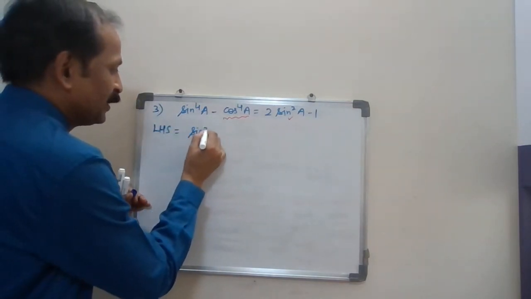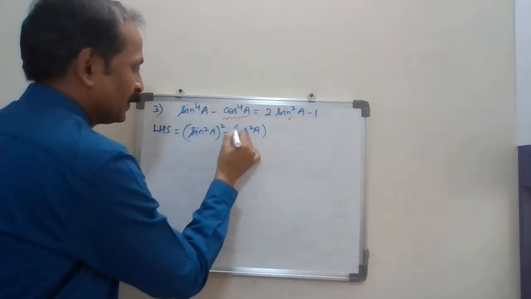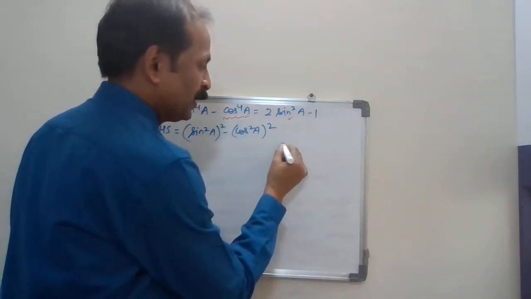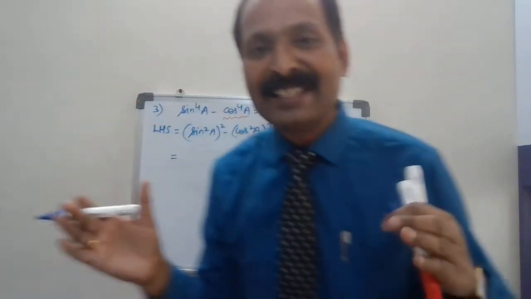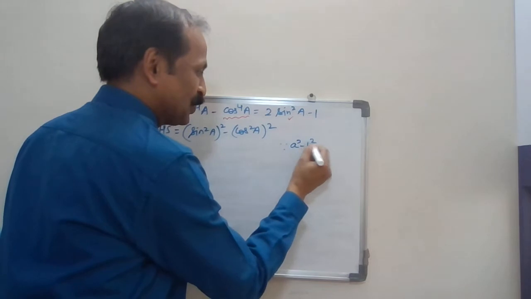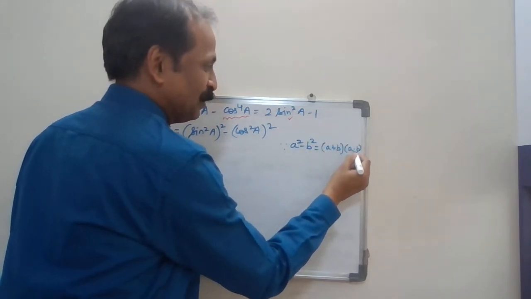So I can write sine square A, and what is a square minus b square? Some children write algebraic identities as well. They are so organized. So a square minus b square is a plus b and a minus b.